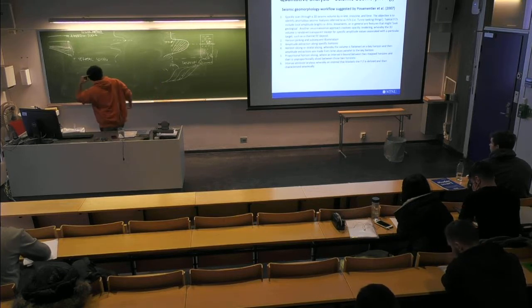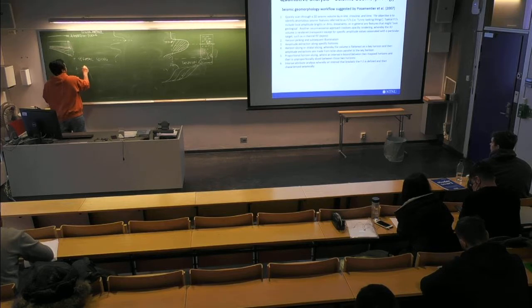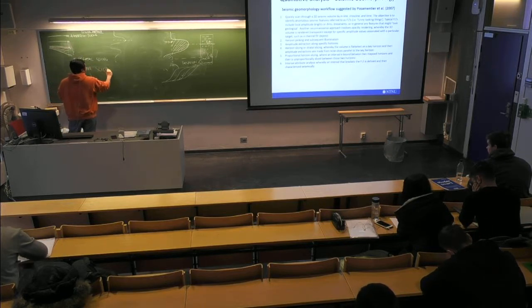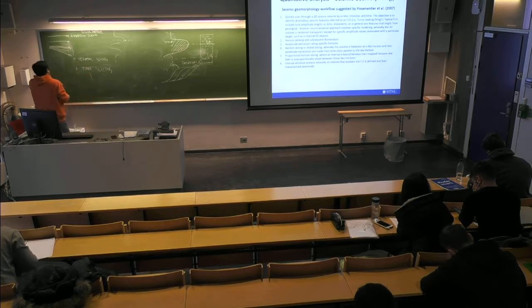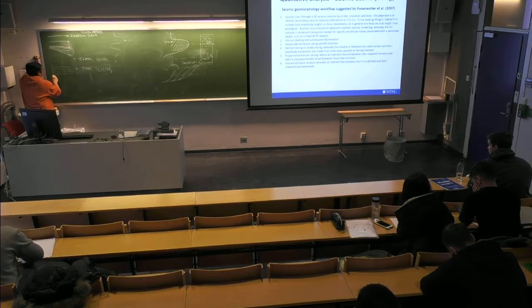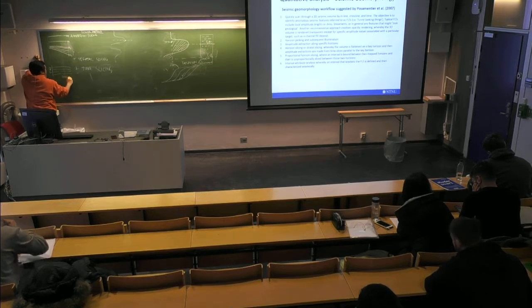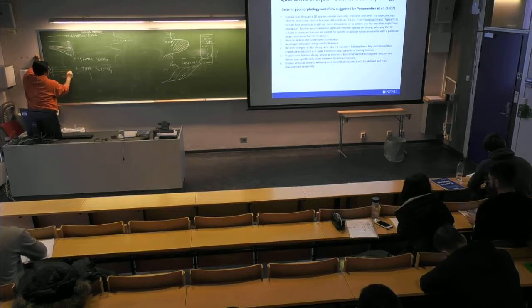And the last one is what you call the time slice. If you have this reflector like this, this is time, and this is distance, what you do is just slice through the time domain like that.